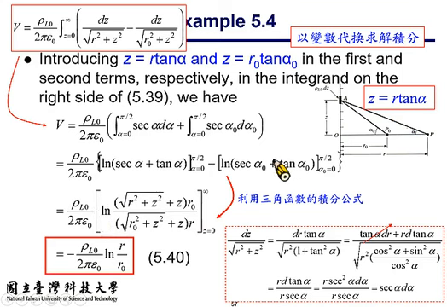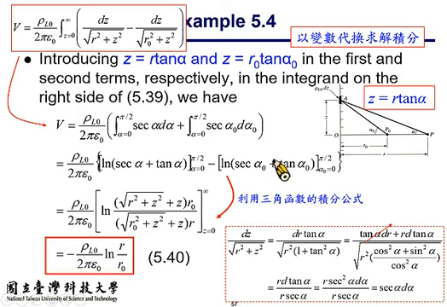How do we end up here? Oh, yeah. You just apply z equals infinity and z equals 0. If z equals infinity, it becomes this, right? If z equals 0, this thing goes away.